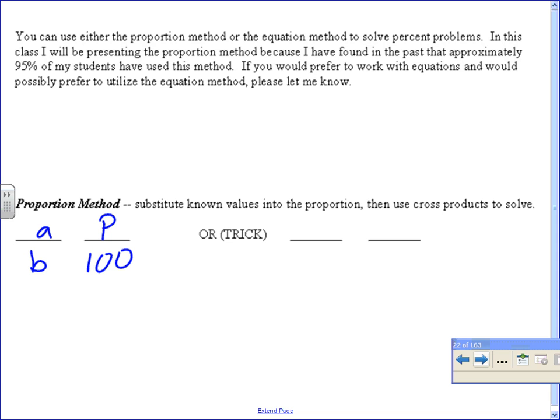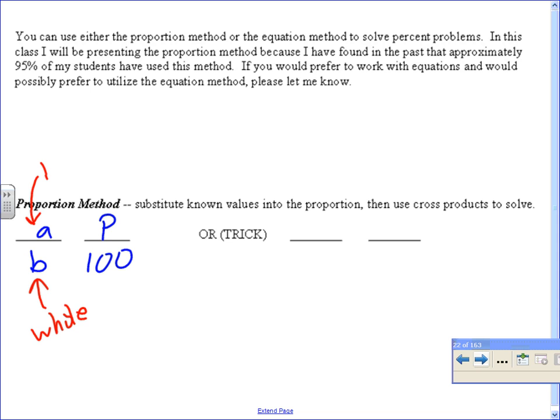Anyone know what the A represents and what the B represents? Matt? Yep. No, but good try. Mary? That doesn't give me anything.